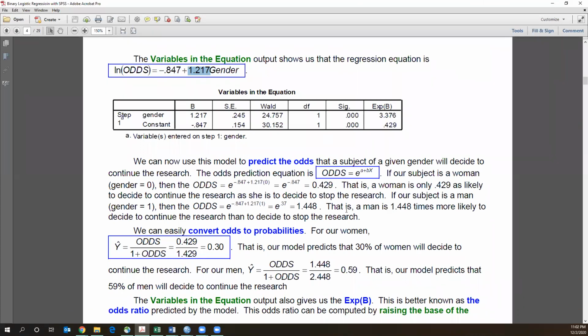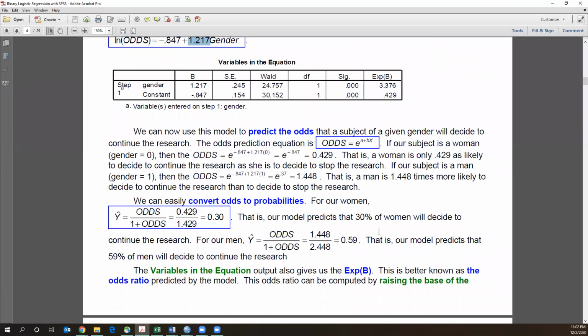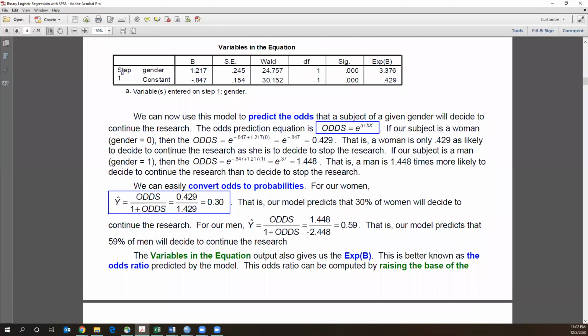And it's explained more here to help you understand how to do it. But basically, by looking at the odds that we have that this is going to happen, which we've calculated right here, the odds for a man: the man is 1.448 times more likely to decide to continue the research than decide to stop.